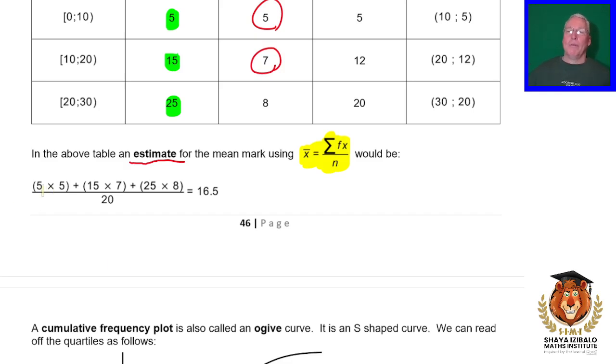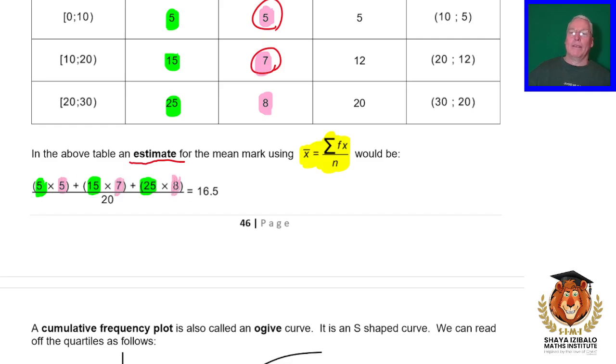So here's a little example with that data. A mark of 5 was achieved by 5 people. A mark of 15 was achieved by 7. A mark of 25 was achieved by 8. So notice what we're doing. We're taking these frequencies and multiplying by the mark.